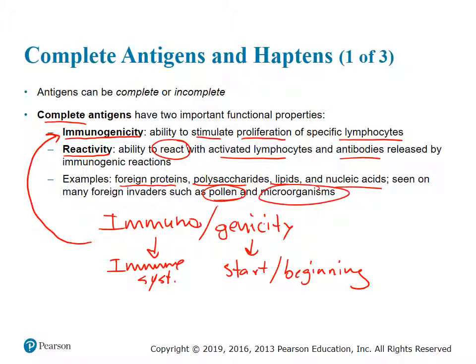They give you two great examples because on their surface you find macromolecules that are proteins, polysaccharides, lipids, or nucleic acids, all of which are your four macromolecules. So an antigen doesn't necessarily need to be a protein, although the majority of them are protein-based. They can also be based on the other macromolecules.